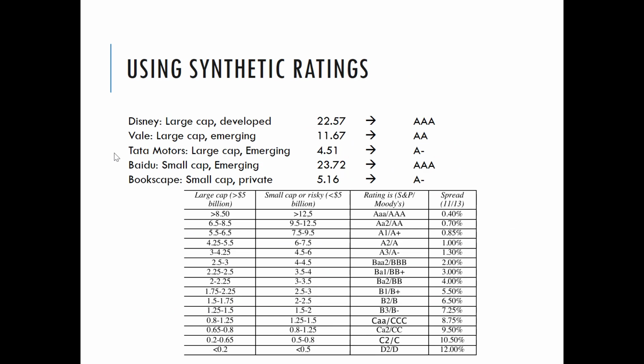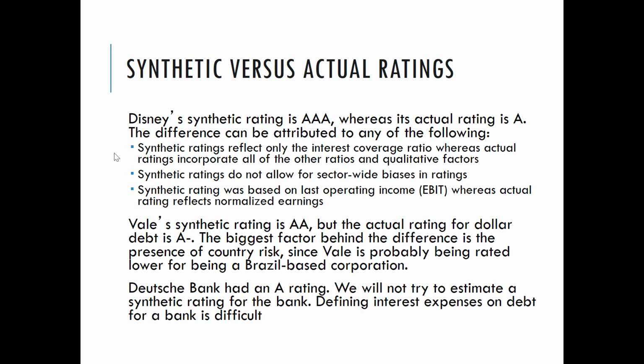Back when this was estimated, its actual rating by S&P was simply an A. So there is a difference in the sense that the synthetic rating makes it seem safer than it actually is. And really what we can attribute that to is the fact that when S&P or Moody's or Fitch or any credit rating agency looks at a firm, they're not just looking at one ratio, they're looking at a history of performance.